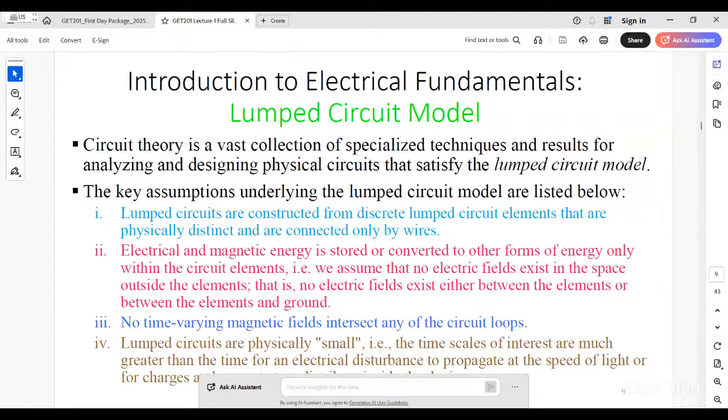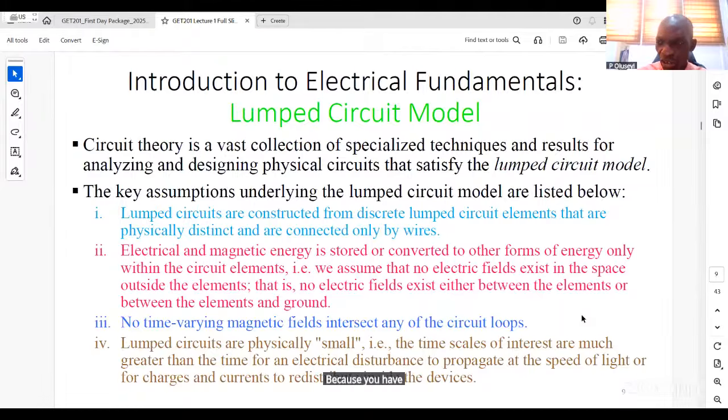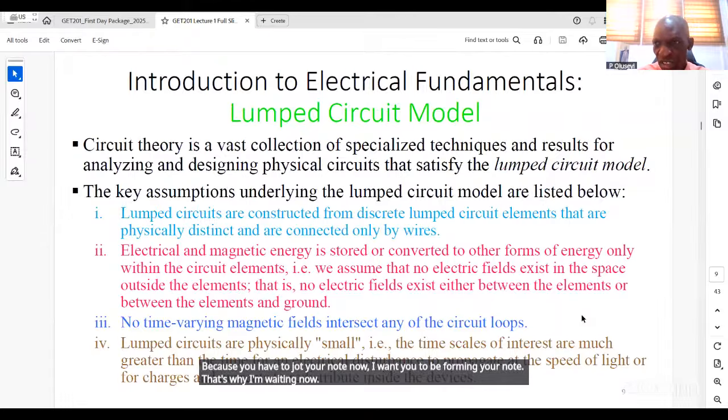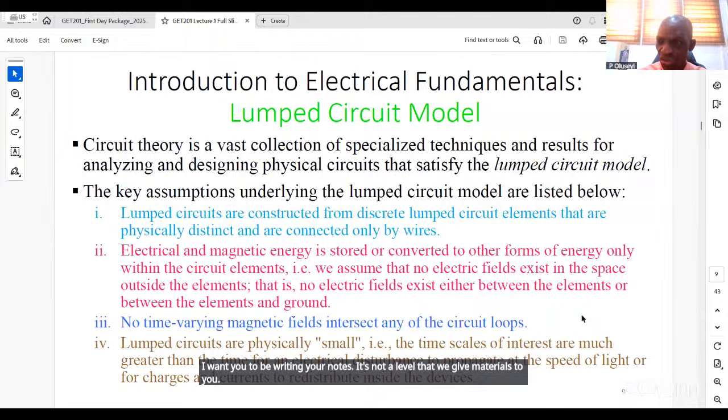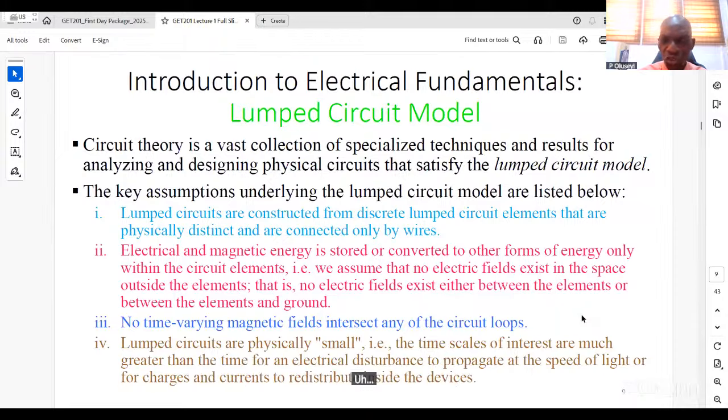Sir, I said, what if you want to read for exam or test? How will you do it when you say you're not dropping lecture notes or slides? Because you have to jot your note now. I want you to be forming your note. That's why I'm waiting. I want you to be writing your note. It's not at your level that we give materials to you. You are entering into engineering. I can't give you material.